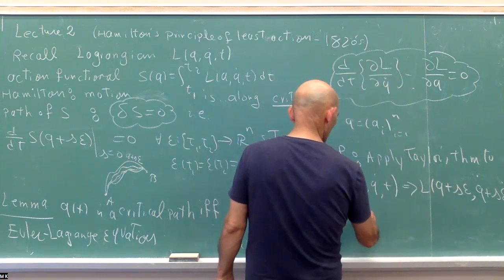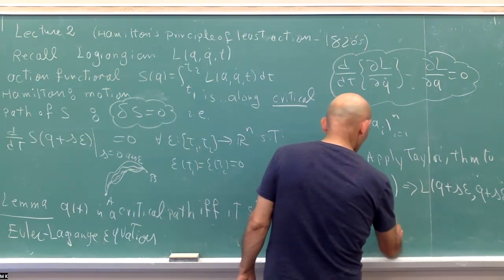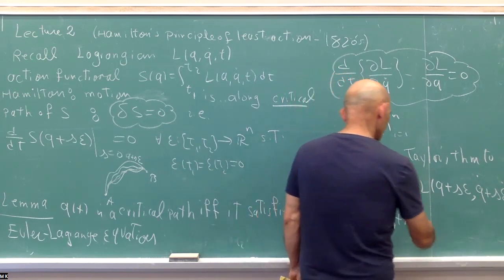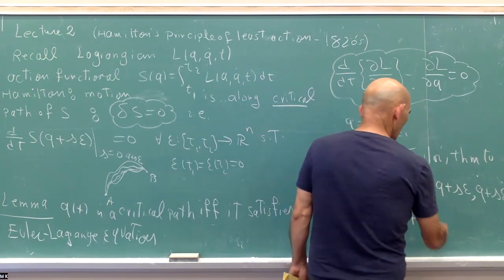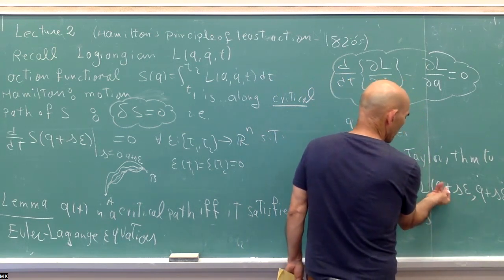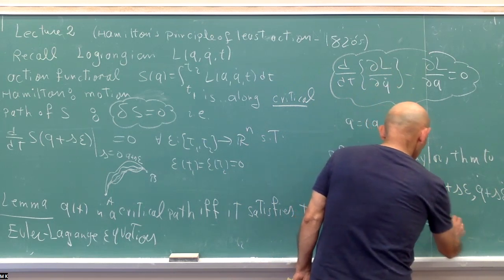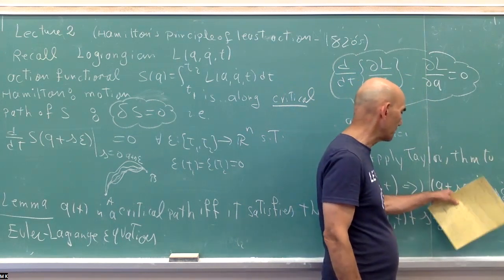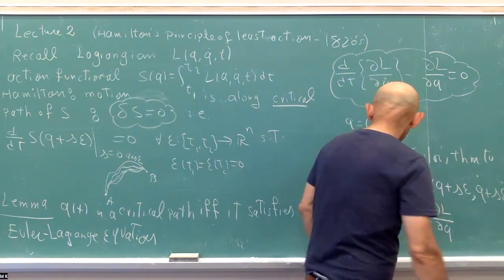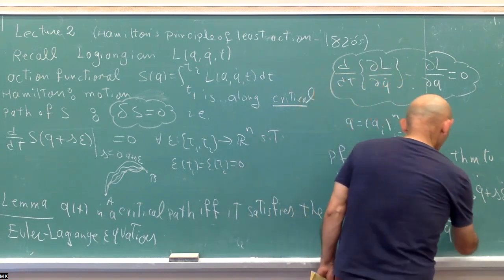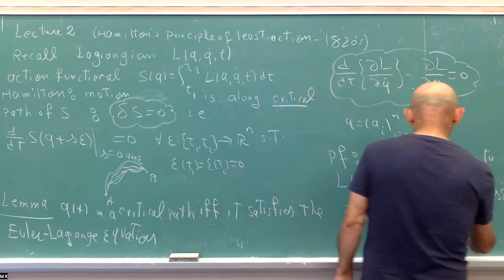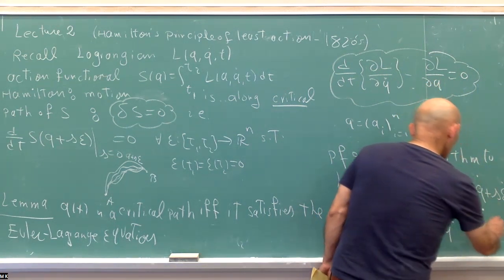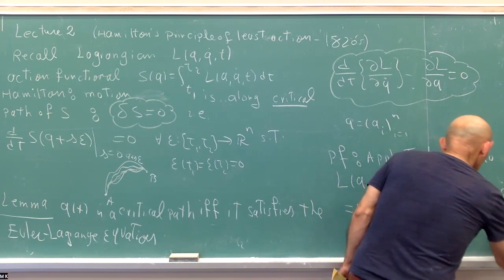So it's going to be equal to L of q, q dot, t plus s times, here, if we take the derivative with respect to the first coordinate, dL/dq times epsilon, which is the derivative of this with respect to s, plus s epsilon dot dL/dq dot.